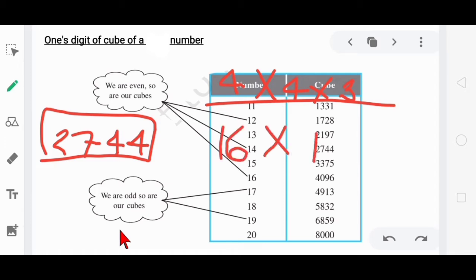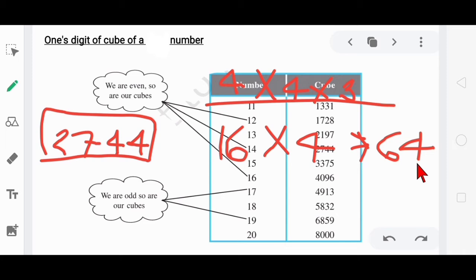Again you have to multiply 16 and 4. Now you have two methods. You can multiply 16 and 4, you will get 64. And here this ones digit 4 is your answer, means in the cube of the number 2744, the ones digit is 4.